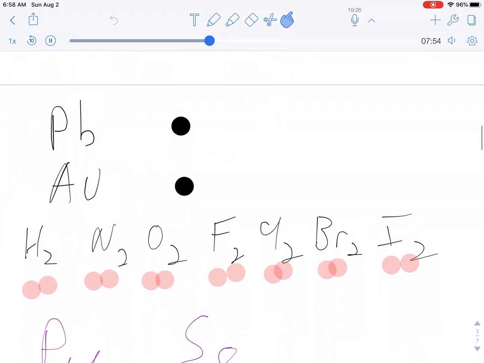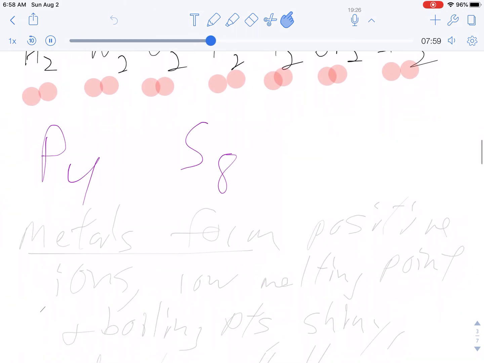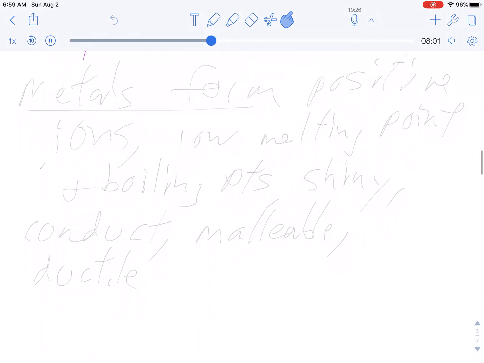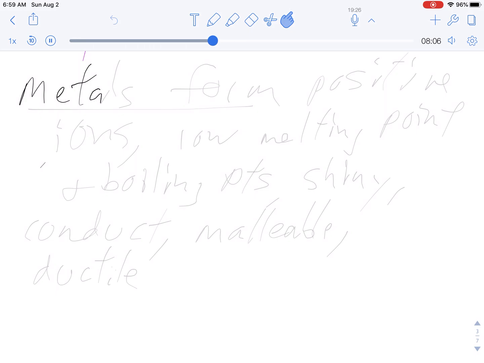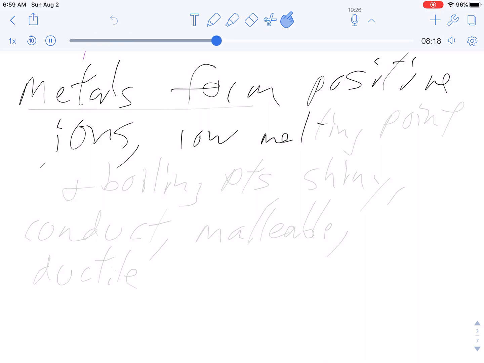So the metals, they tend to form positive ions. They also have low melting and boiling points.